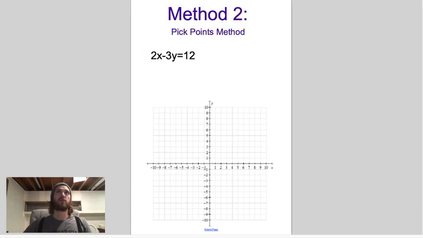All right, let's take a look at method 2. Method 2 is a really quick way to graph something that's not in slope-intercept form a lot of the time. What you do is you just pick an x value or a y value, it doesn't matter, and then you plug that value into the equation, and it will spit out the value associated with the value you plugged in.